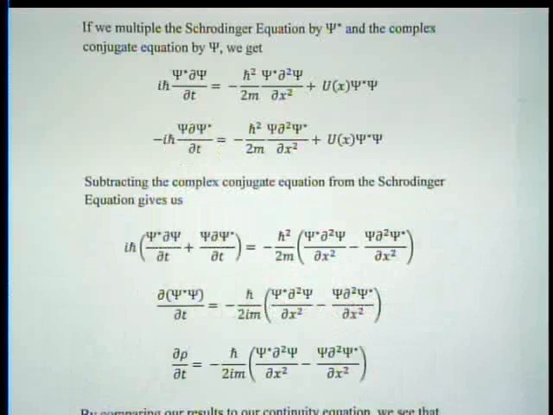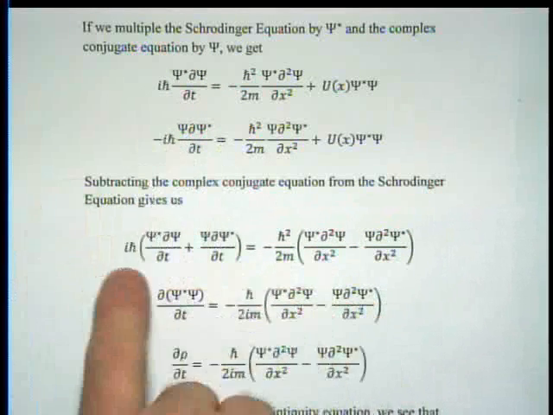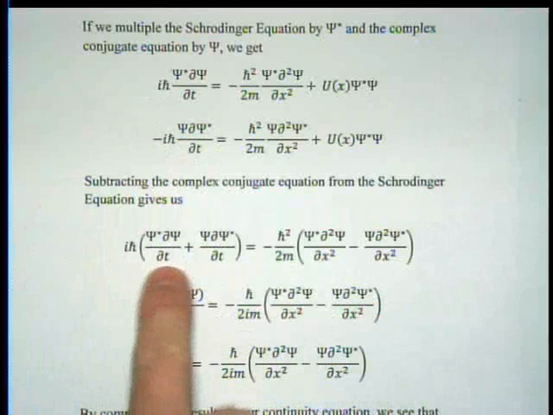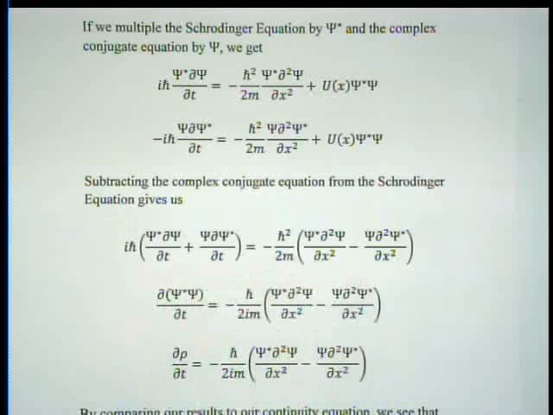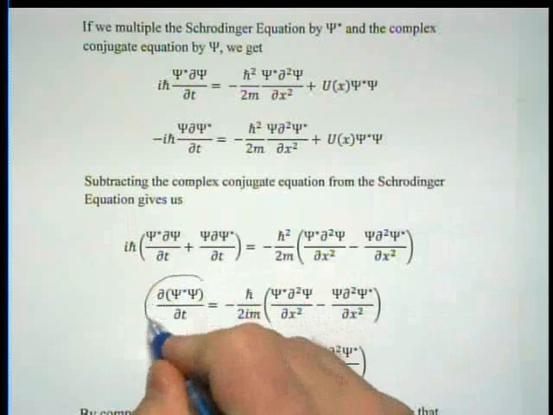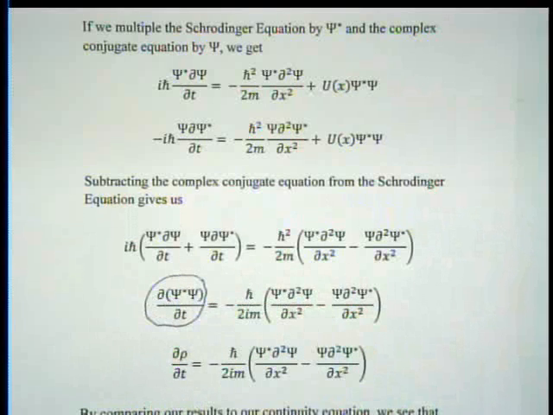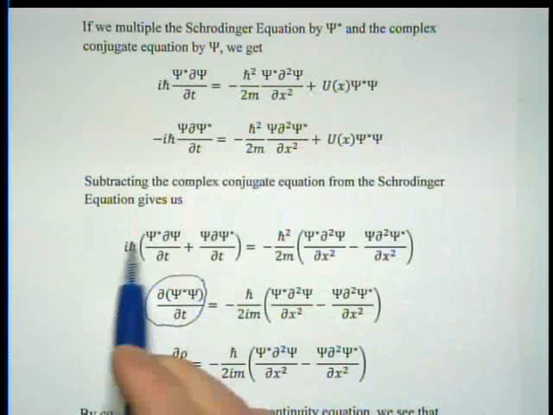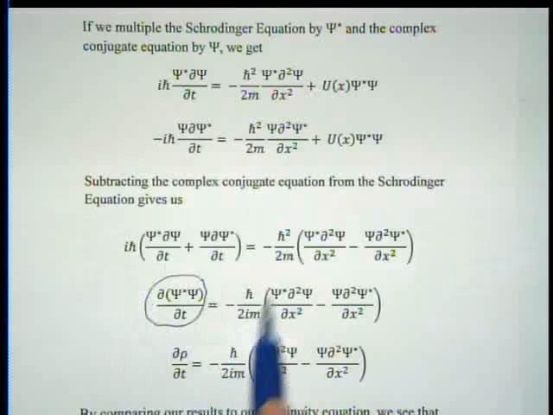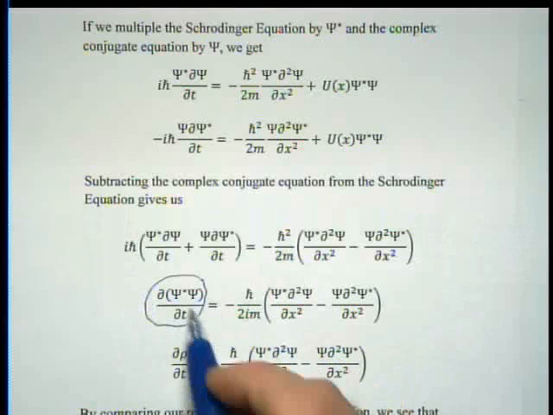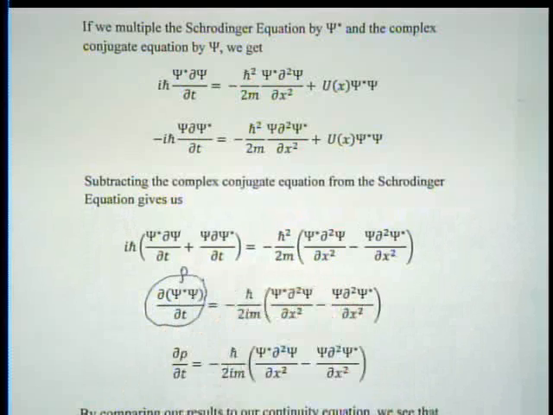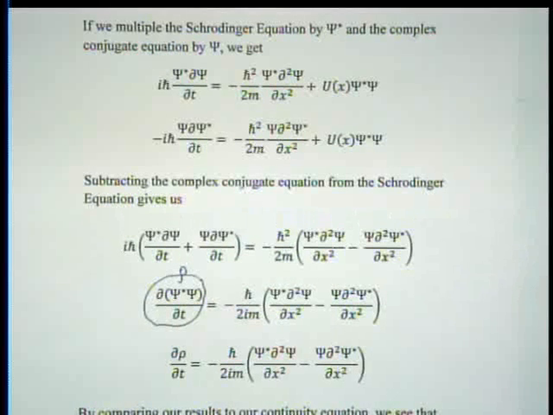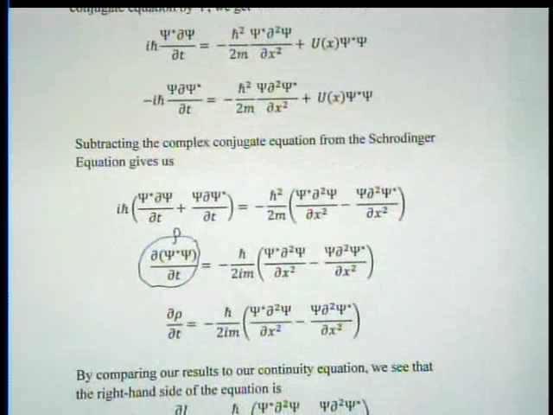So I subtract it, and I pull the i h bar out front. Well, that right there is this, where I've divided by the i h bar. That's why I killed one of the h bars, and that's how the i got in the bottom. And then this, that's just rho. So I found d rho dt.